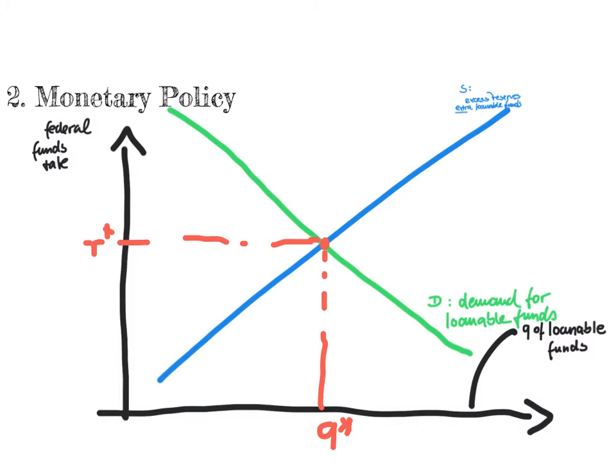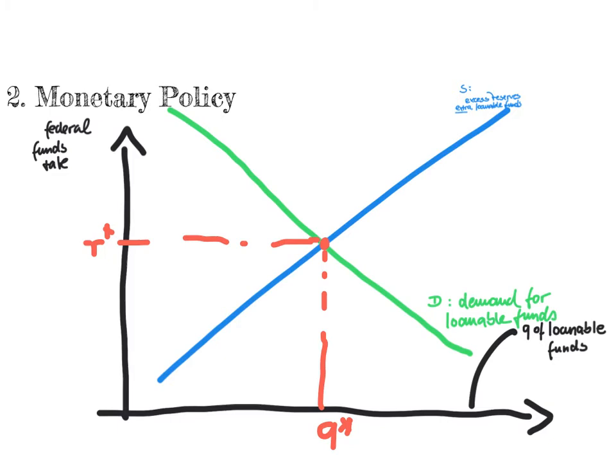Now, what has the Fed been doing? The Fed has been buying bonds and other financial assets from financial institutions. What does that mean? They exchange money, loanable funds, and pump those into the financial system in exchange for assets that are not as liquid.